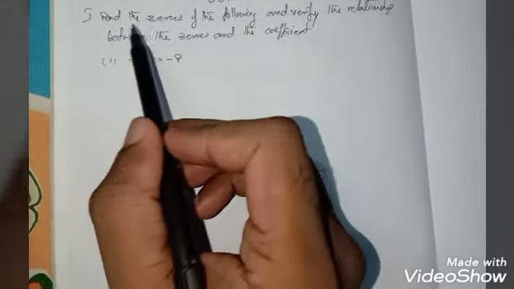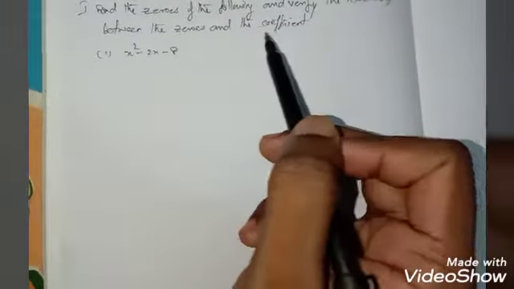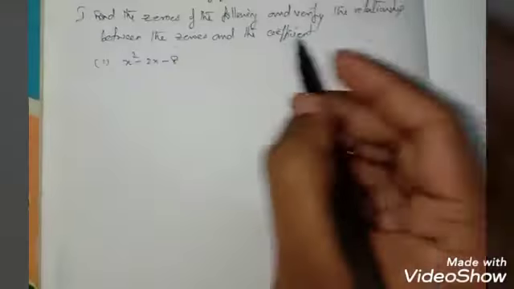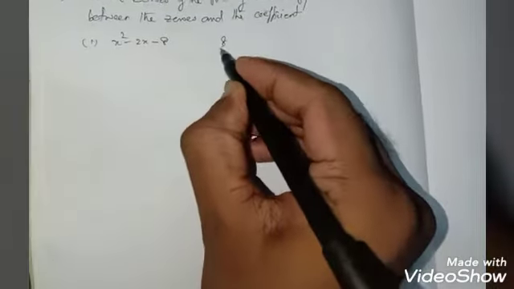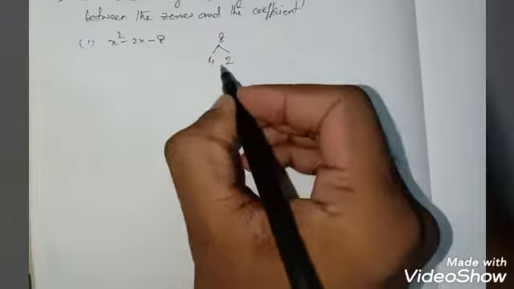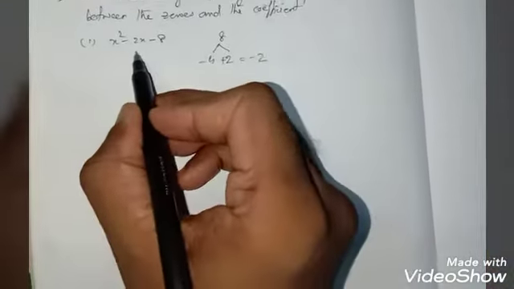In that, the first question is: find the zeros of the following and verify the relationship between the zeros and the coefficients. The first one is x square minus 2x minus 8. Here you find the factors of this. 8 is a multiple of 4 into 2. If I subtract, minus 4 plus 2, you will get minus 2. That will be my middle term.